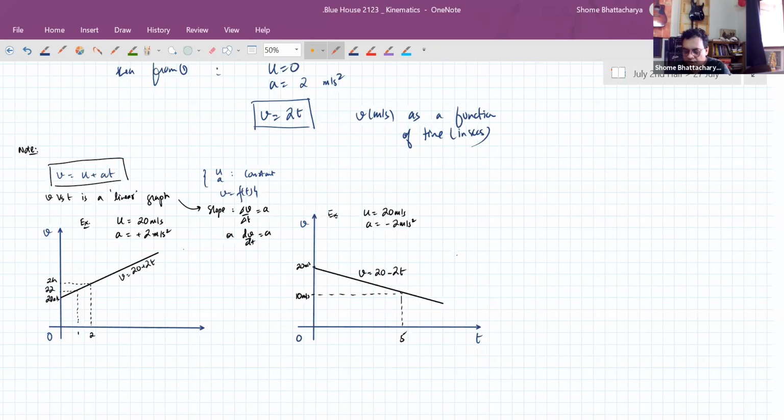Okay, so I'm sure the graph is clear to all of you, both the situations, the one with the positive slope and the negative slope. You'll see that we have done more than enough work on graphs in our basic calculus portion, so we will not really have any difficulty following the graphs in kinematics.